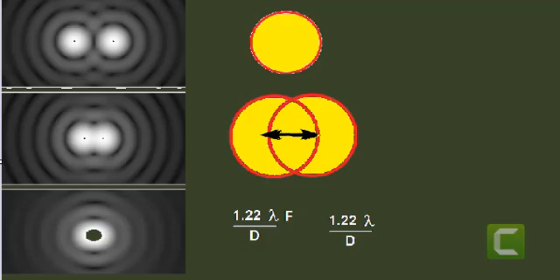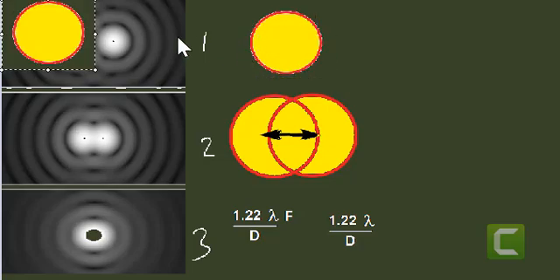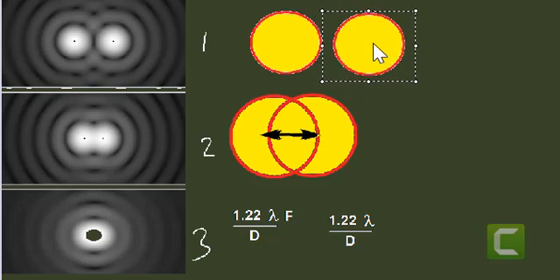You can see the first diagram, second diagram, third diagram. In the first diagram, the two central fringes are separated by sufficient length. They are separated like this. In the second diagram, they started overlapping, and the condition for just resolving is the second diagram.